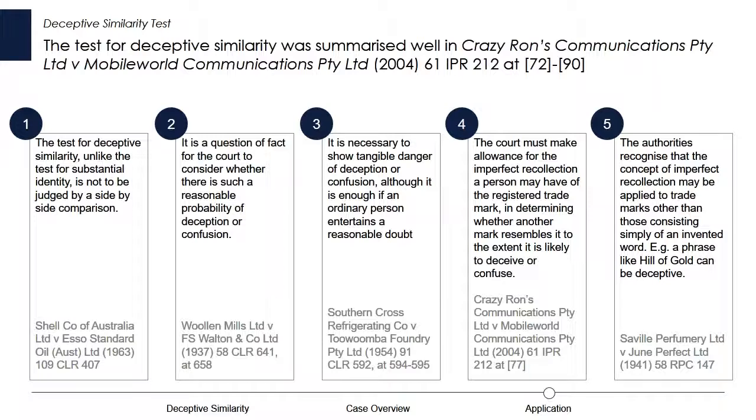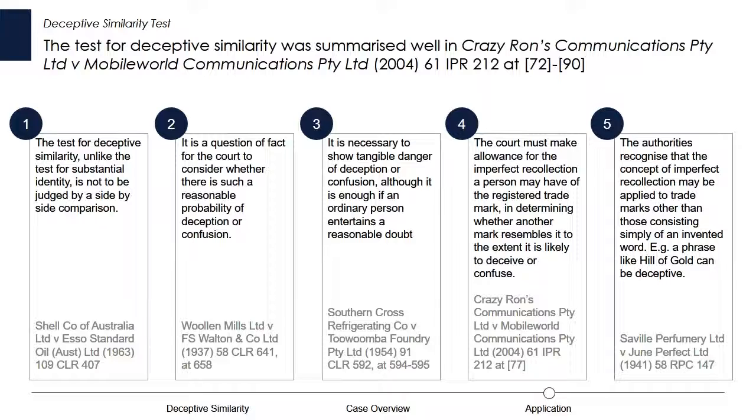Firstly, the test for deceptive similarity, unlike the test for substantial identity, is not a side-by-side comparison. It is a question of fact for the court to consider whether there is a reasonable probability of deception or confusion. It is necessary to show tangible danger of deception or confusion, and the court must make allowance for the imperfect recollection of someone with the registered trademark.